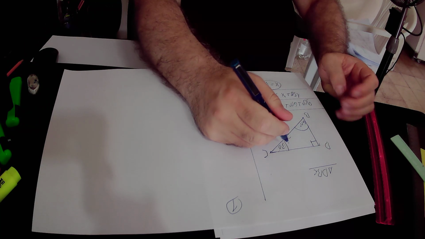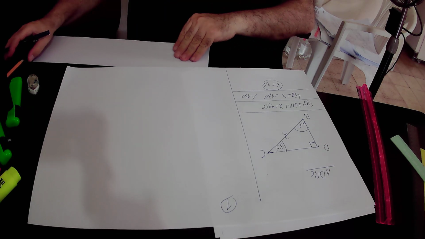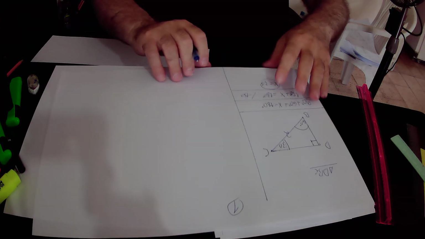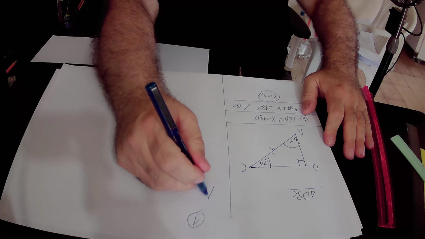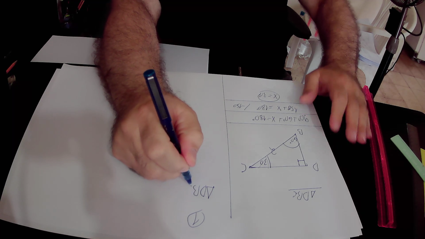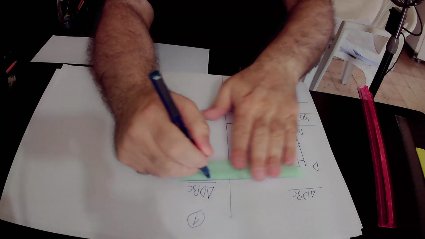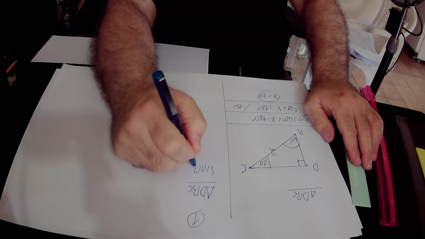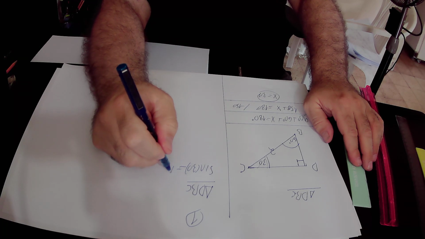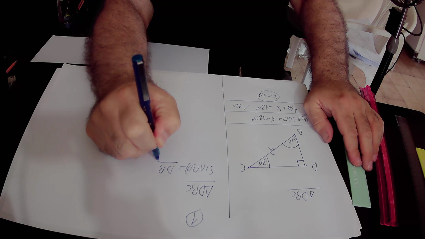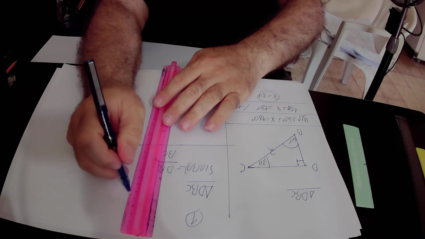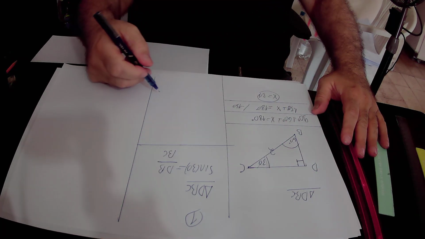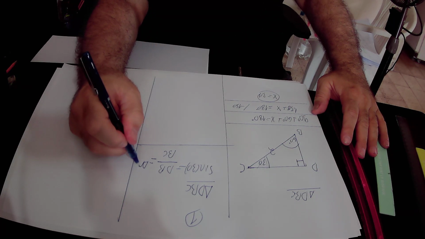We'll continue to focus on the right triangle DBC. In the right triangle DBC, sine 30 degrees is equal to DB over BC.